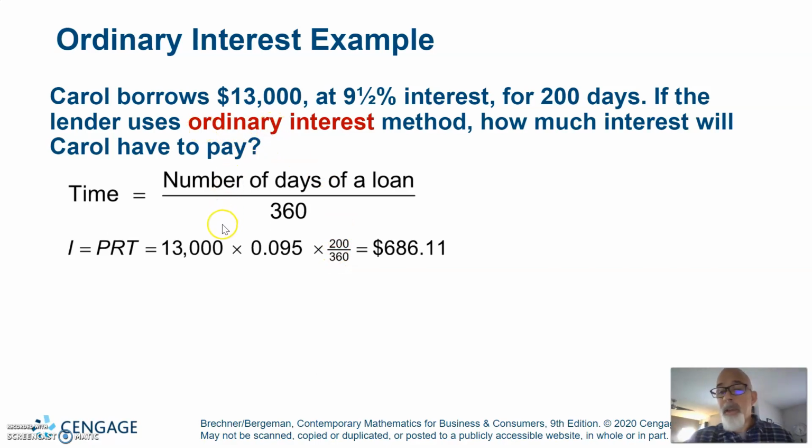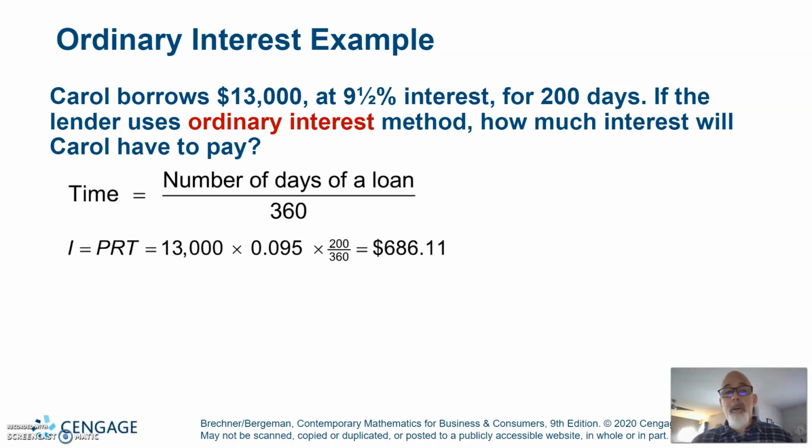Same principle on this, 13,000 times your 9.5% times 200 divided by 360 would give me the amount of interest that I'm going to earn on that loan. This is the only thing you have to be careful about, and when you work through section 1.1, the very first part of section 1, this is what we're going to be doing.